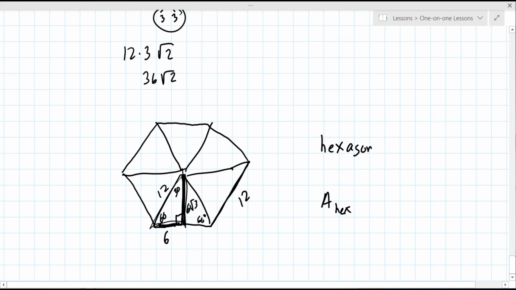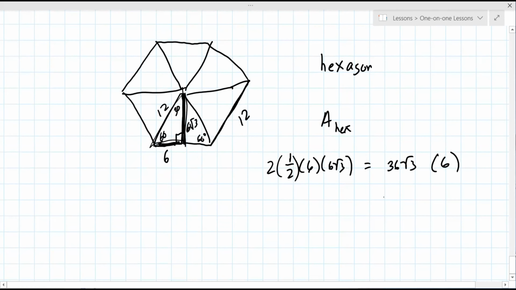But what's cool is that the area of this triangle is 1/2 times 6 times 6 root 3. But if I want the whole thing, I just double it, and that gets rid of that half. So that's 36 root 3 for one of these. And then if I got 6 of them, that's 6 times 36, which is 216, so it becomes 216 square root 3.